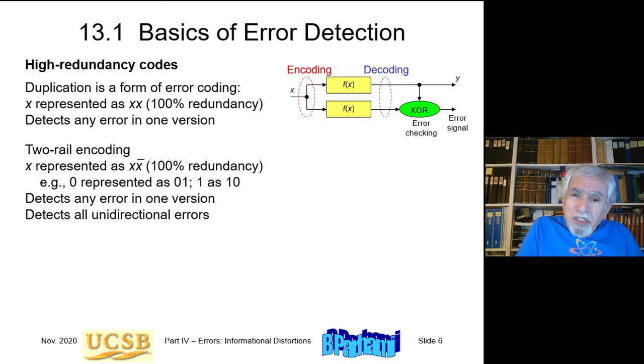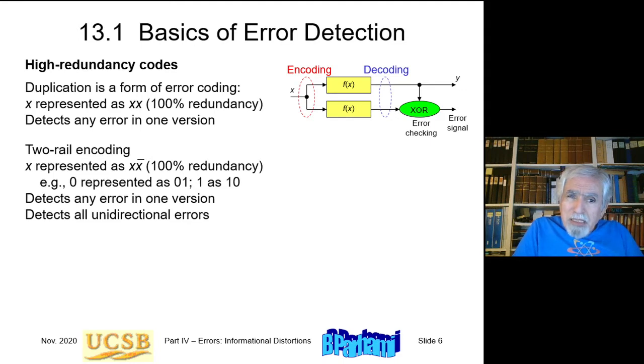Okay, one variation on this duplication is called two-rail encoding. That's basically, instead of using XX as the encoding of X, we use X and X bar. In other words, X and the bitwise complement of X. We still have 100% redundancy. For example, 0 is represented as 0, 1, and 1 is represented as 1, 0.